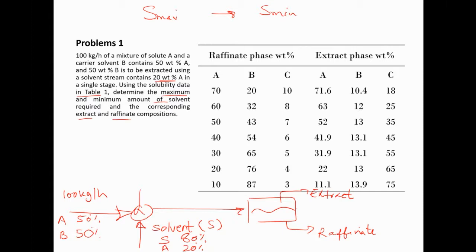So at the maximum condition, what would be the XE and XR? So this is XE and XR here. And at this condition, what would be the extract and raffinate compositions? Okay. So you basically have to draw the lines here.